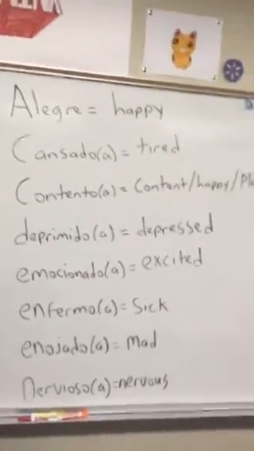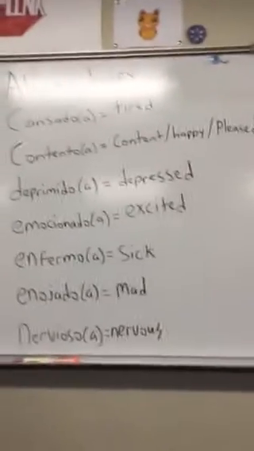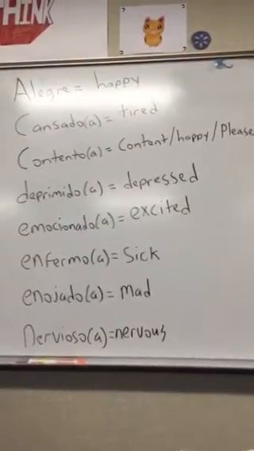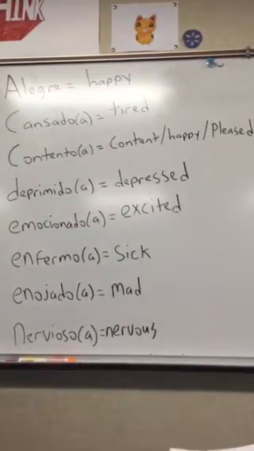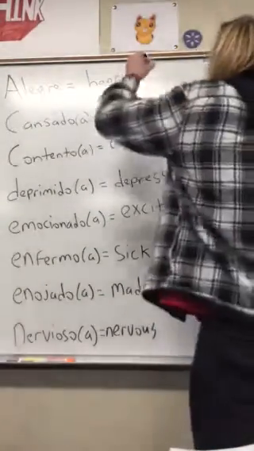Another thing I want to point out is when you're talking about more than one subject or more than one person, if you're saying they are happy, you'll want to say alegres. You'll want to put an S on the end.